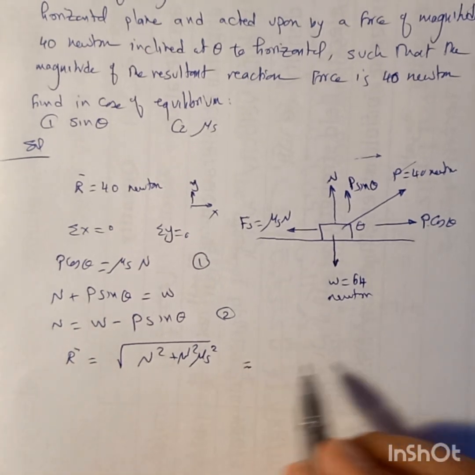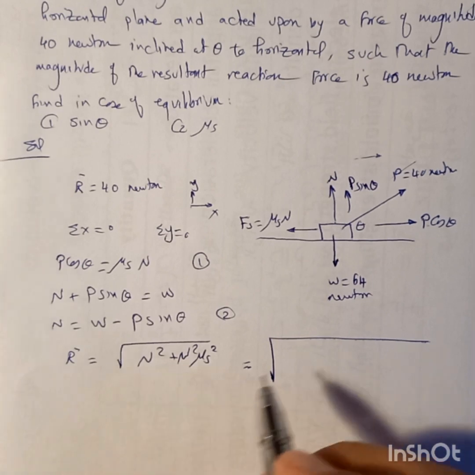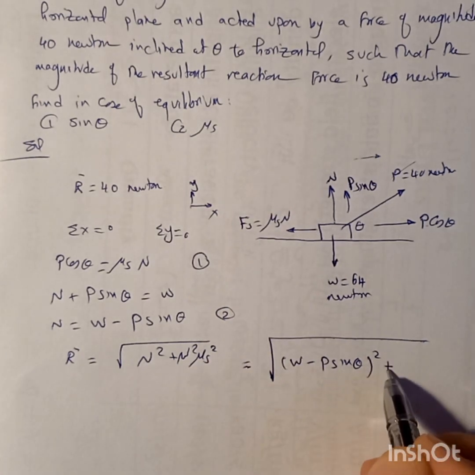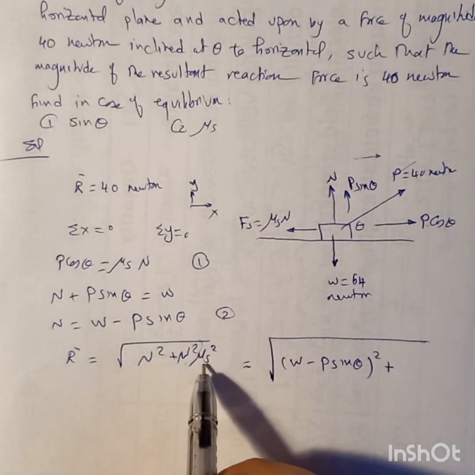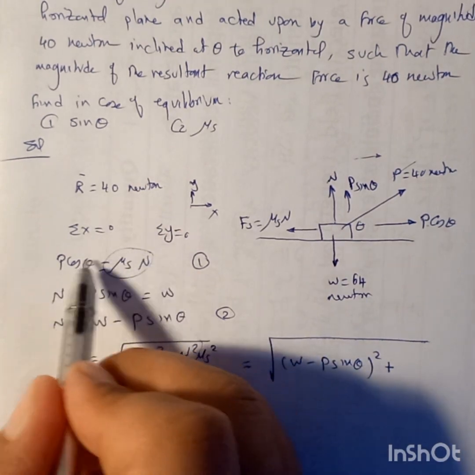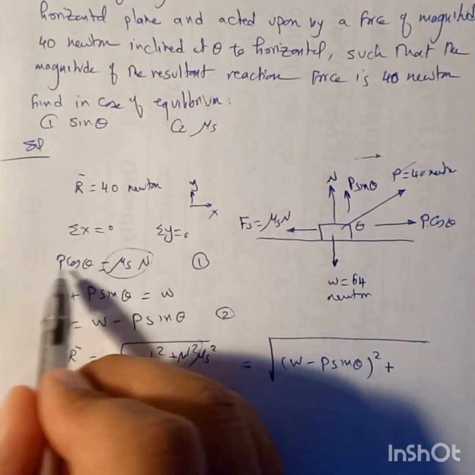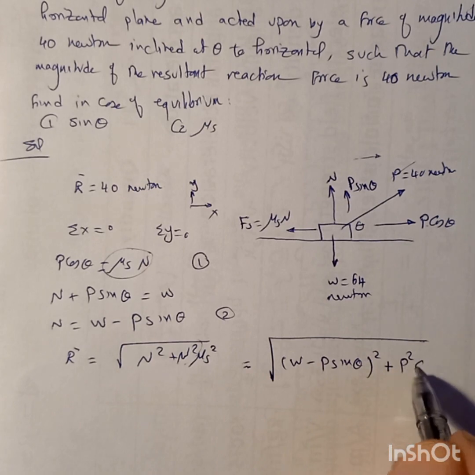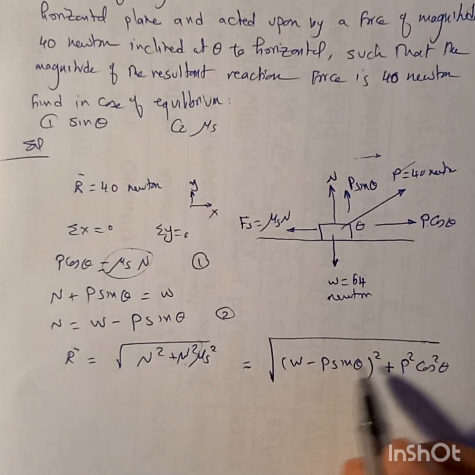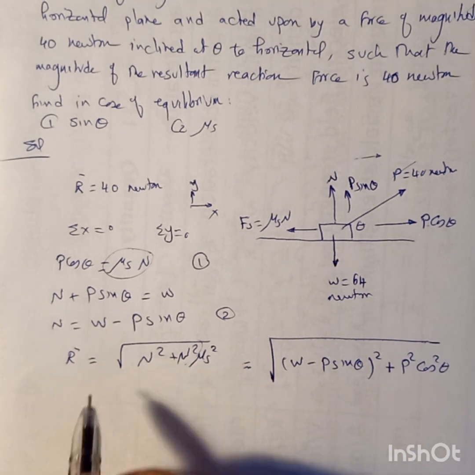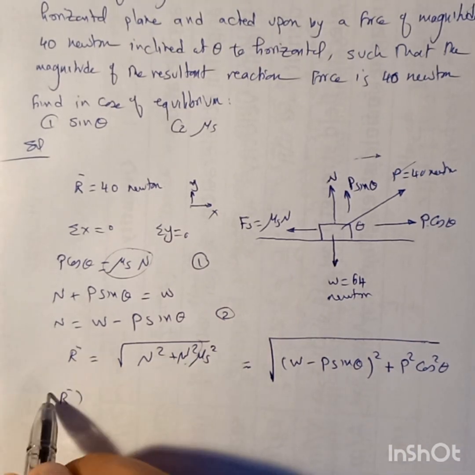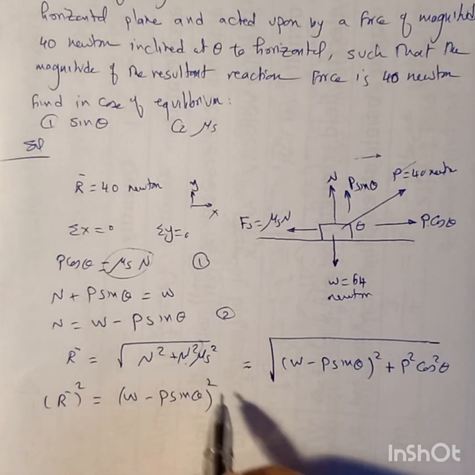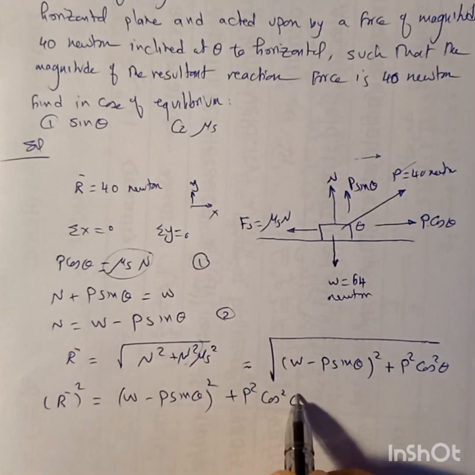Then we have root of N squared, which is W minus B sine theta all squared, plus N squared mu s squared. From equation 1 we can square the two sides. Then we have N squared mu s squared equals B squared cosine squared theta. Now we can square both sides. Then we have R dash squared equals W minus B sine theta all squared plus B squared cosine squared theta.